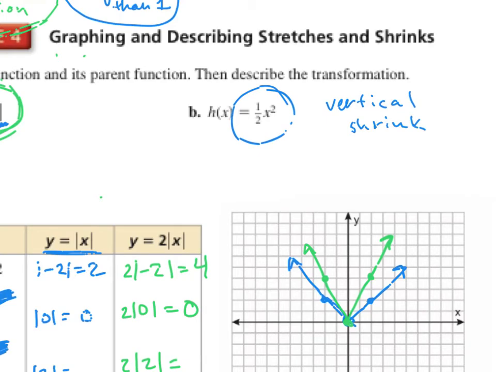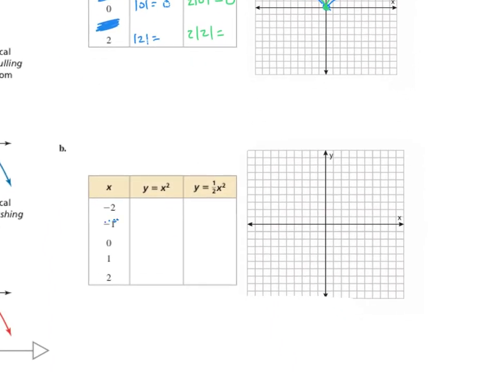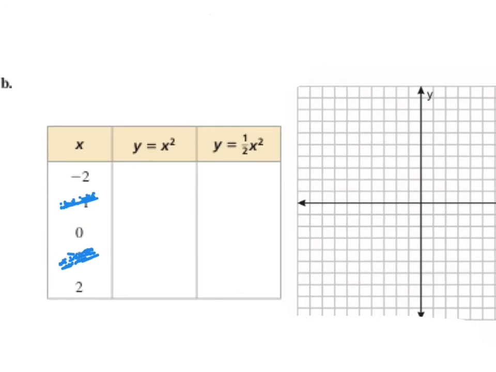And we know that our parent function of this graph is the x squared graph. So this is a quadratic because we see that x is being squared. So what is -2 squared? Four. So when we plug in -2 for x, we get 4. So we go to the left 2 and up 4. Next we plug in 0.